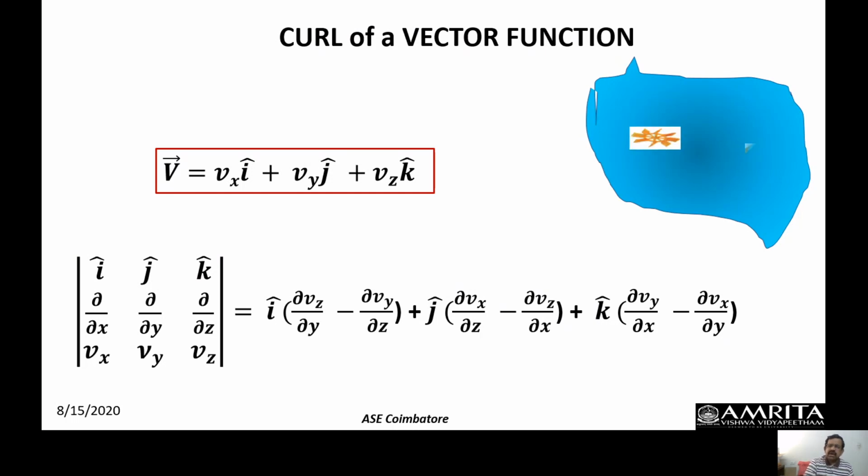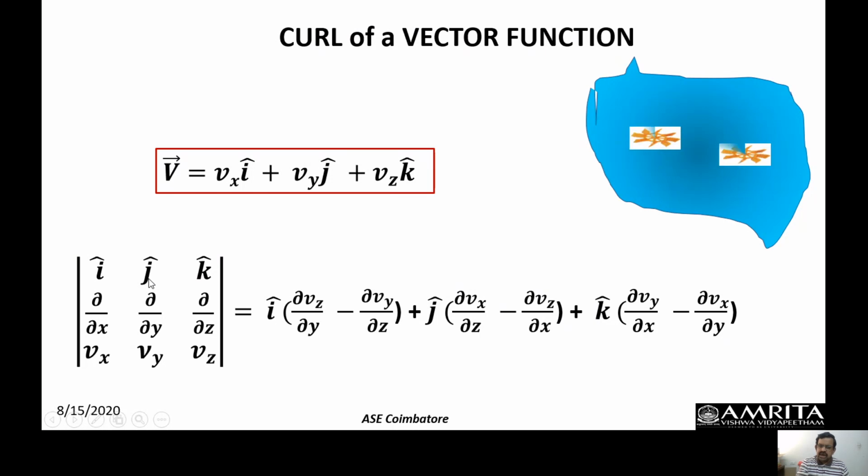Normally in water, for a right-handed screw system, you will always see a curl which goes into the water. That is why I have used a clockwise rotation. Now this curl rotation is much smaller in magnitude compared to this one. This is rotating very fast, so the curl will be more here.